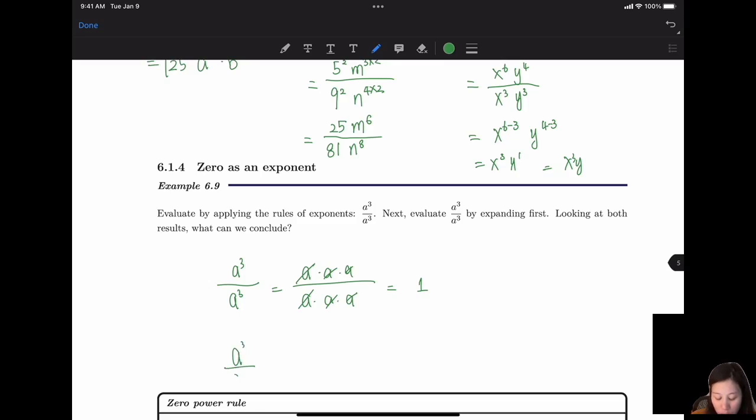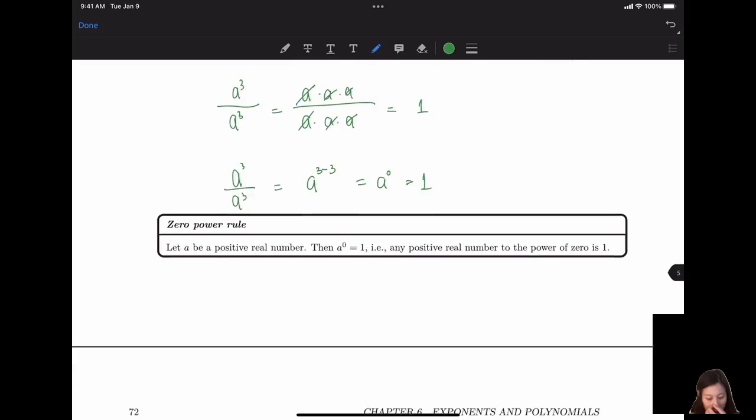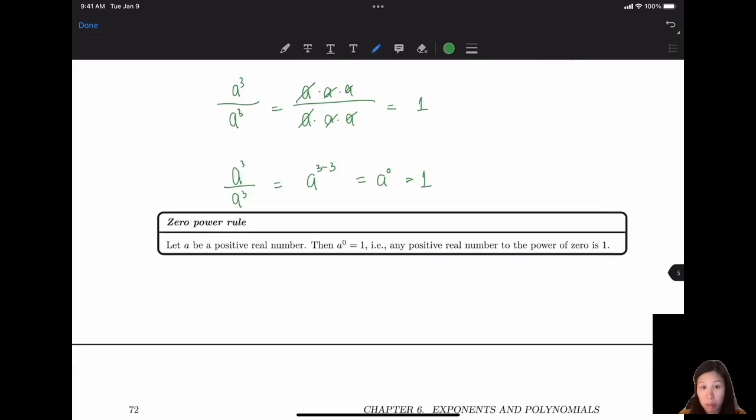By the quotient rule, we know that this equals the exponent from the numerator minus the exponent of the denominator. So this is a to the 0. That means a to the 0 is going to equal 1. This is called the zero exponent rule. If the base is any real number, a to the 0 power equals 1. This is always true.